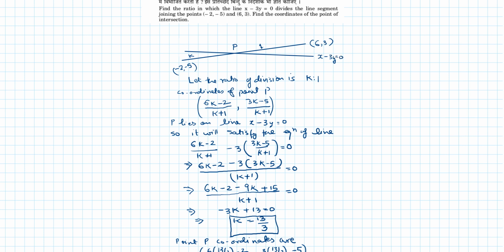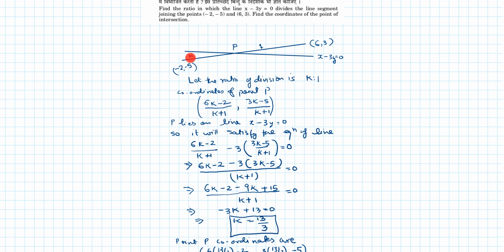We are supposed to find the coordinates of the point of intersection and the ratio in which x minus 3y is equal to 0 divides the line segment joining minus 2, minus 5 and 6, 3. So let us assume the division is k is to 1.